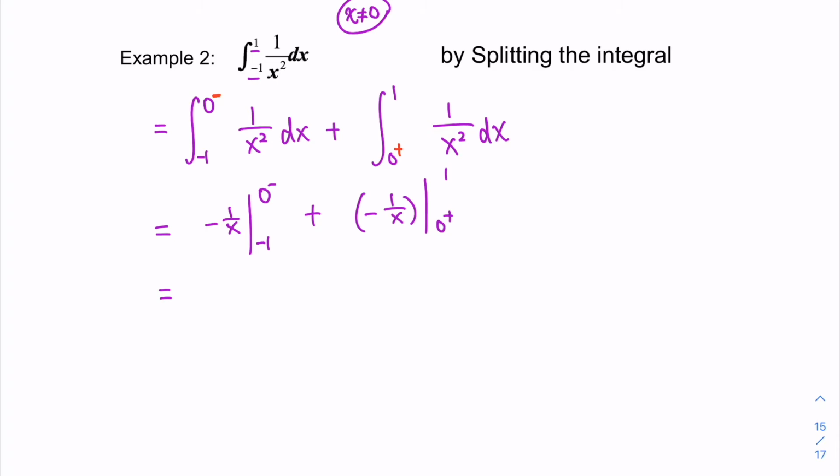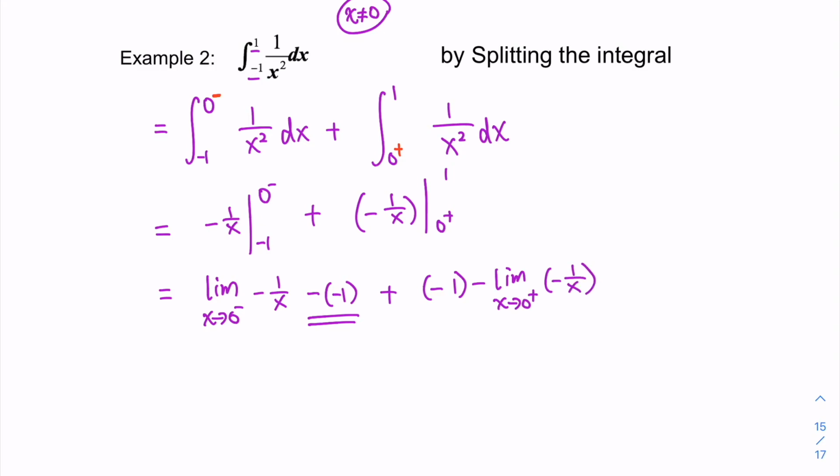So we plug in 0 minus. It's the limit as x goes to 0 minus of negative 1 over x, and then we plug negative 1 in, which gives us minus negative 1. This is a constant. Plus, we plug 1 in, so it's negative 1 minus the limit as x goes to 0 plus of negative 1 over x.